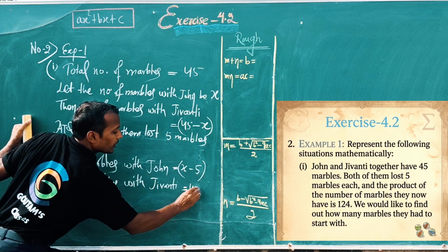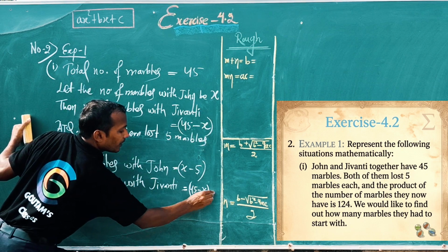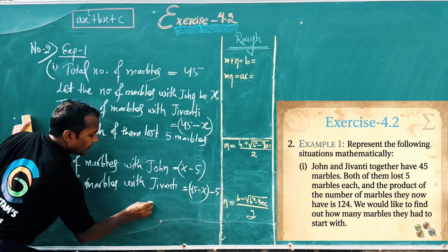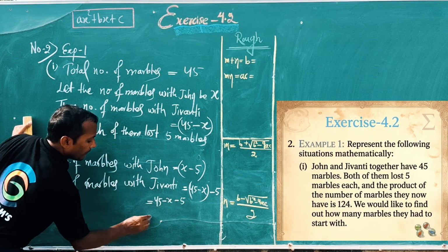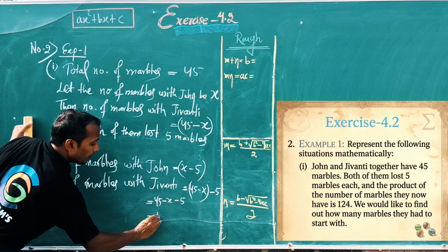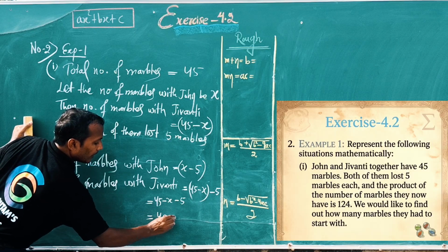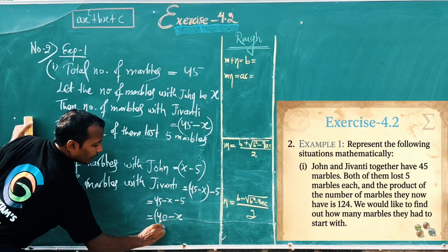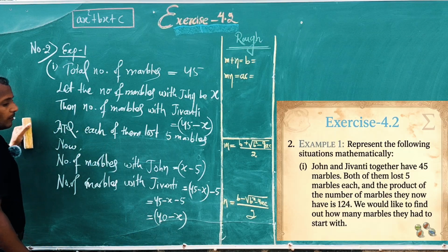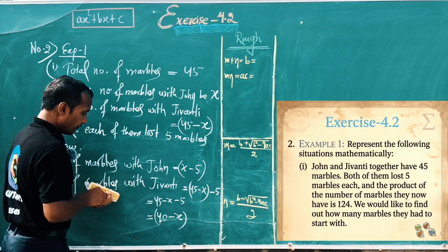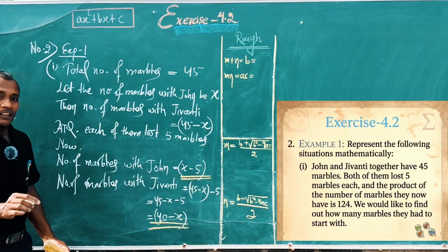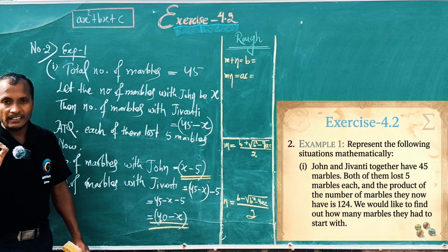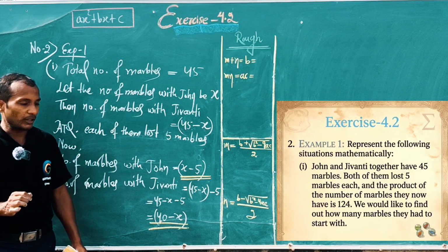So I'll write 45 minus x minus 5. 45 minus 5 gives me 40, and minus x. So Jivanti now has 40 minus x marbles and John has x minus 5. According to the question, the product of the number of marbles that they have now is 124.